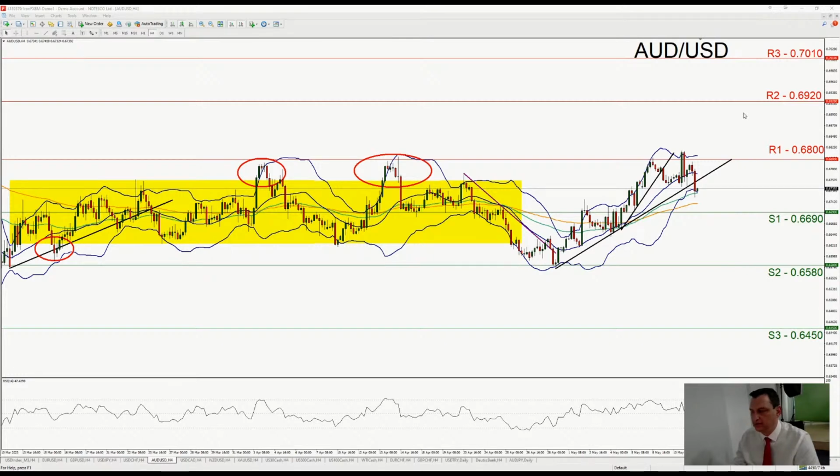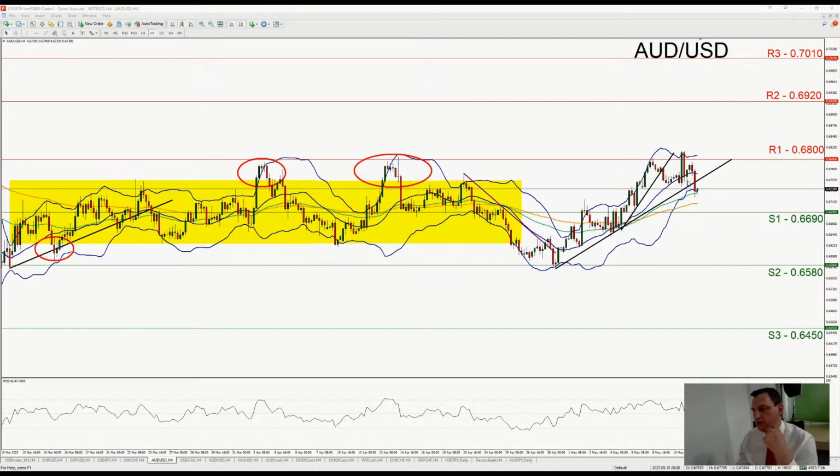Mind you that on a fundamental level, we have discussed already the US dollar side of the pair. The Aussie is expected to be more market sentiment driven. It's more or less a very sensitive currency given its commodity currency nature, which tends to be regarded more as a riskier asset.